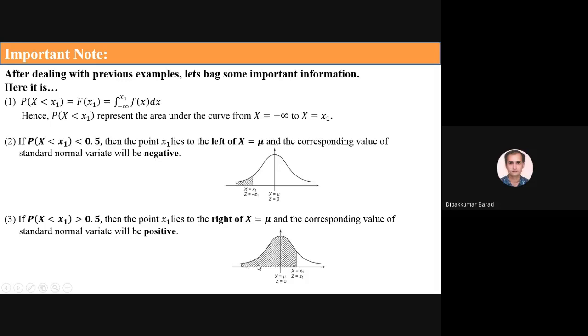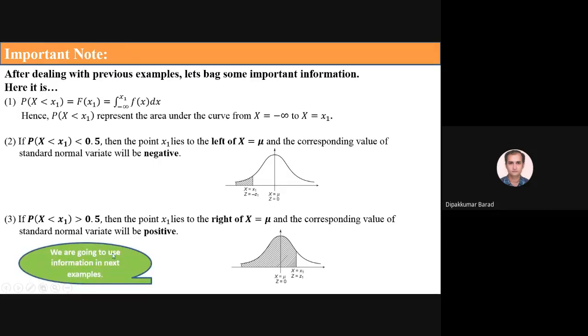So this whole region here, which is 0.5, now greater than 0.5 means it also adds this region somewhere here. So I get z is always positive. The standard normal variant Z1 is positive for P of x less than x1 for which I get probability greater than 0.5.